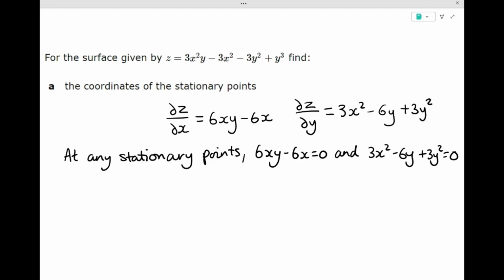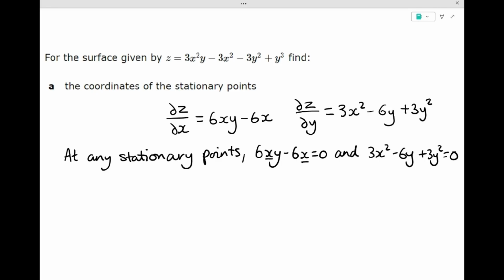Now, what you're going to do next, and this didn't happen in the last video, is look at both equations and see if either x or y is a common factor of either equation. If we look at the first one here, we have x here and we have x here as well. So x is a common factor.